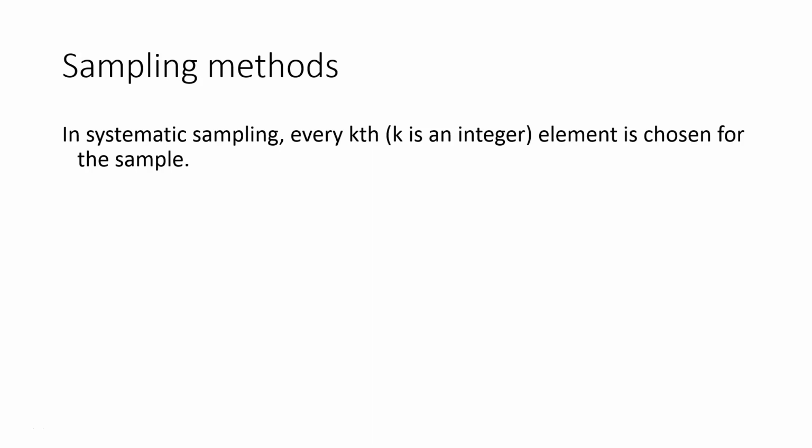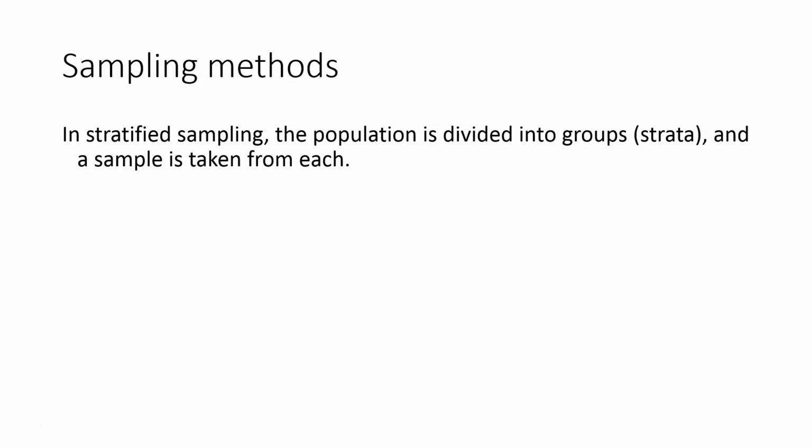But if we wanted to do this with Queen's students, we might take a list of all Queen's students, and every 25th person on the list would end up in our sample. Like I said, it's hard to come up with an example where there might be sampling bias there. If we've got people arranged in a certain way in a room and we took every 5th person, and it just so happened that, the way the classroom was arranged, that got all the people in the back of the room, that would be sampling bias, but most of the time this is pretty good.